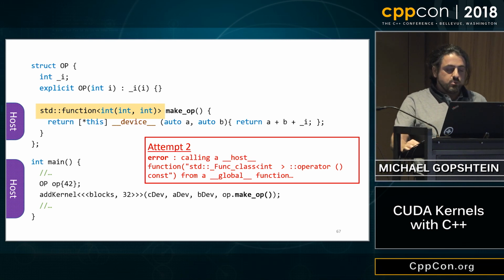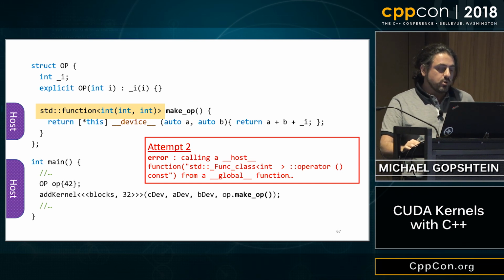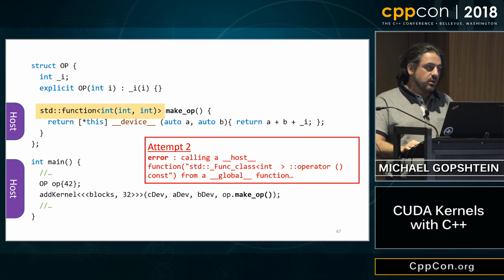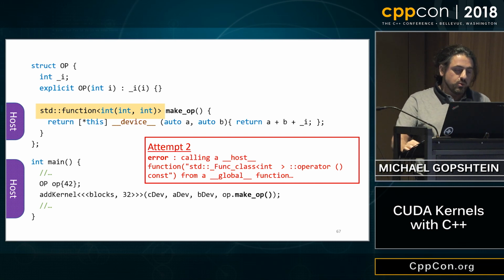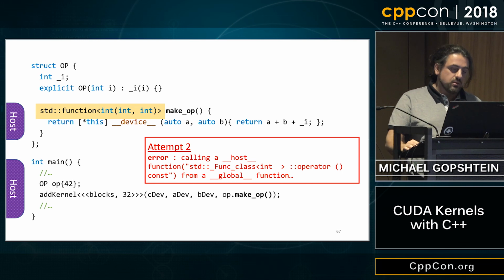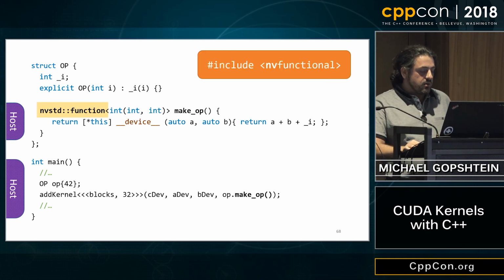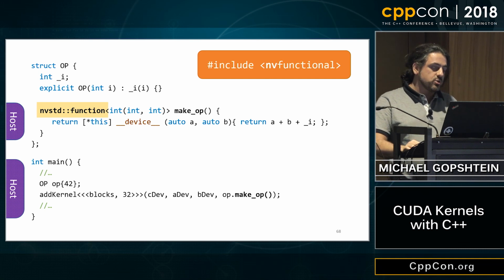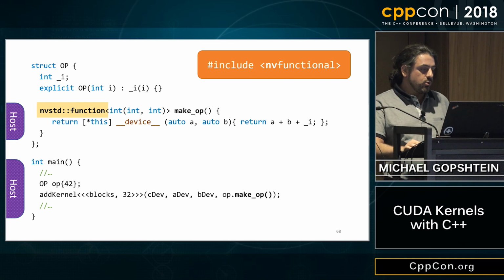It makes sense, as we know that all the functions which are invoked in the CUDA code should have this special device keyword, and there's no reason why a std function will contain this device keyword inside. But happily, we can use instead a special version of the function from the Nvidia package. So we include nv functional instead of functional, and we return nv std function.